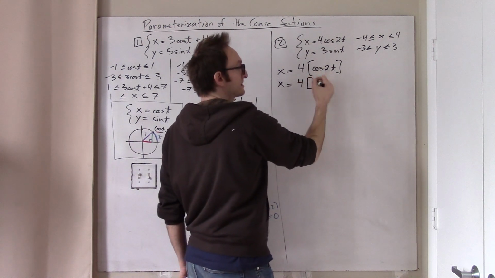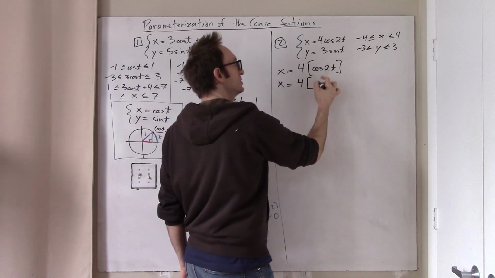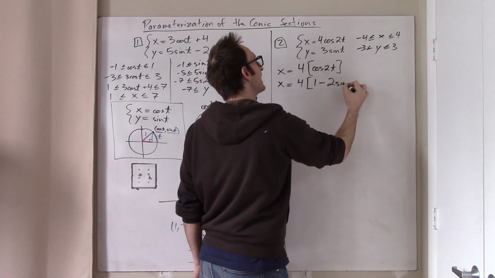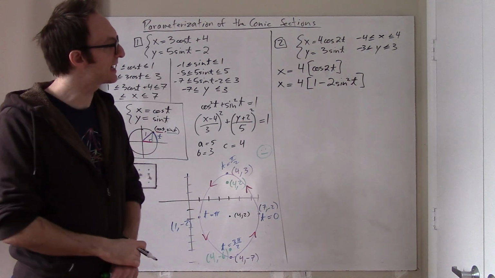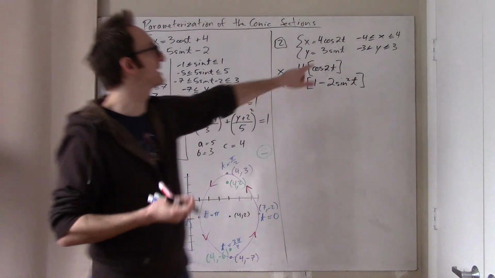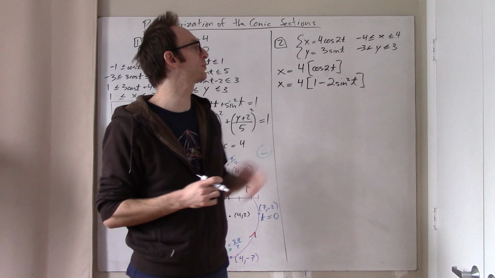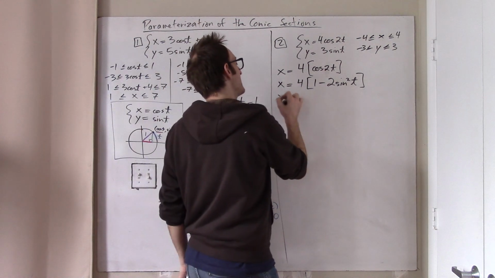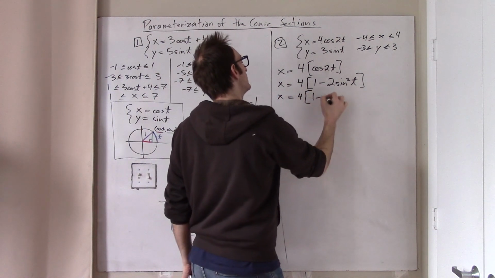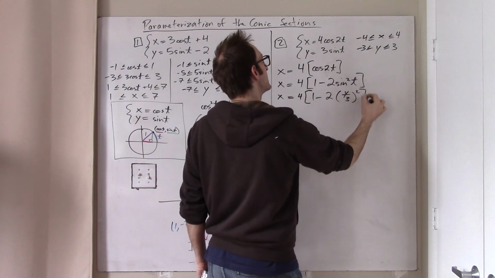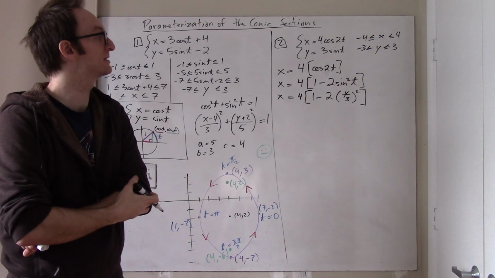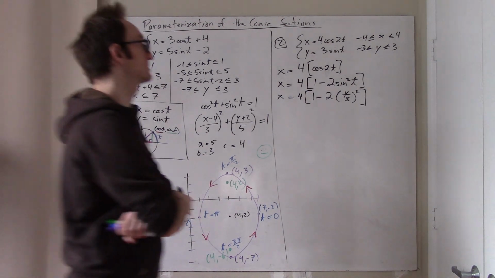It is in fact a well-known trig identity that you all should know, 1 minus 2 sine squared t. And why is this a good and organized way to do this problem? Well, because I know what sine is. Sine is y over 3. And so I get that x is 4 times 1 minus 2 times y over 3 squared. And already I have eliminated the parameter, which is one of the things I wanted to do.